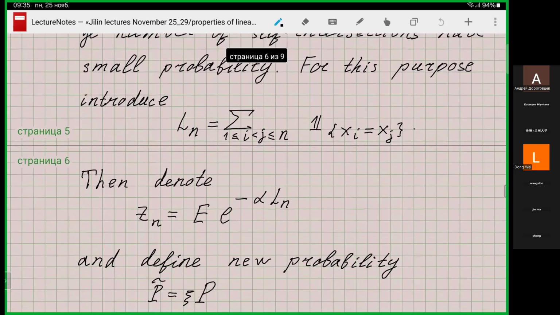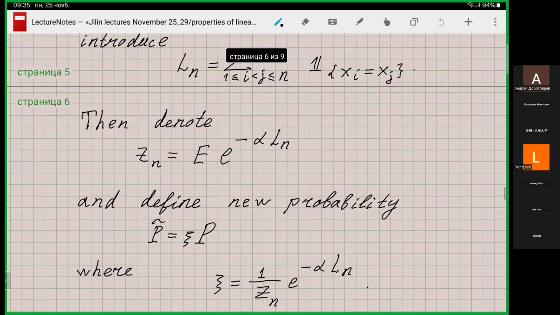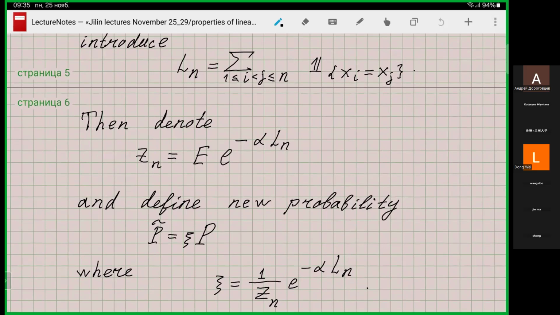Then define a new probability P tilde, which has a density psi with respect to the initial probability measure. And this density psi has the following form. We just have 1 over Z_n multiplied by this exponent.